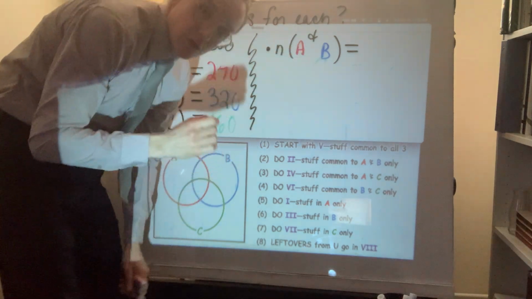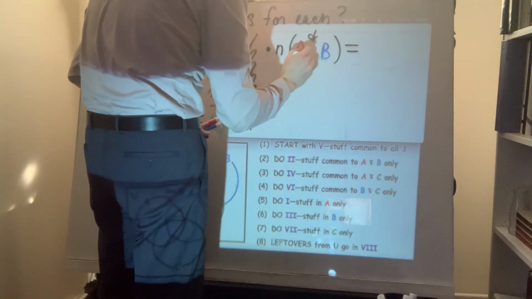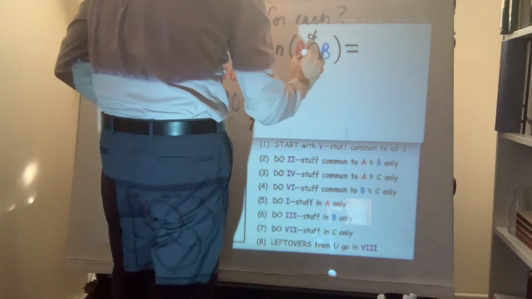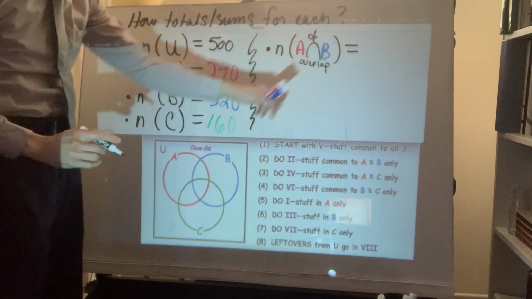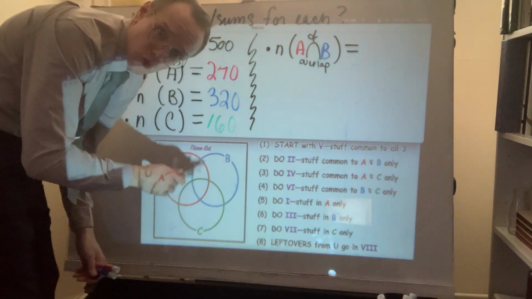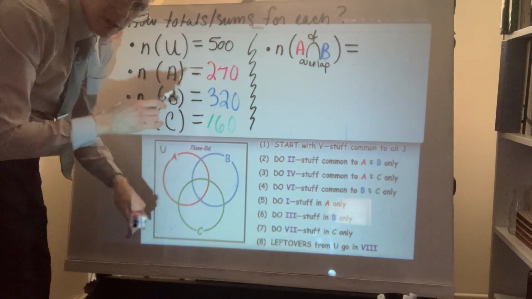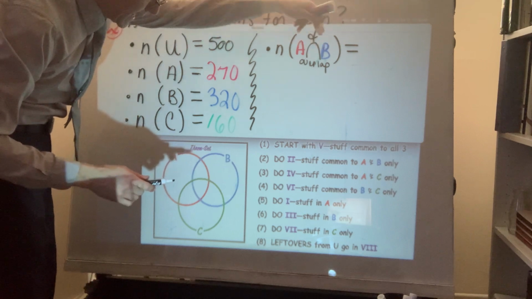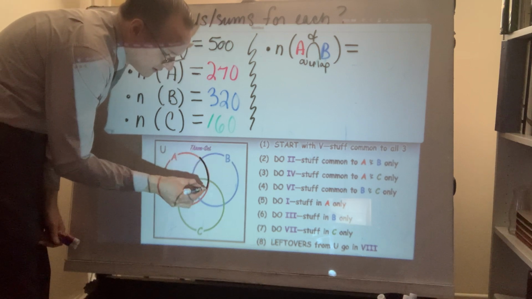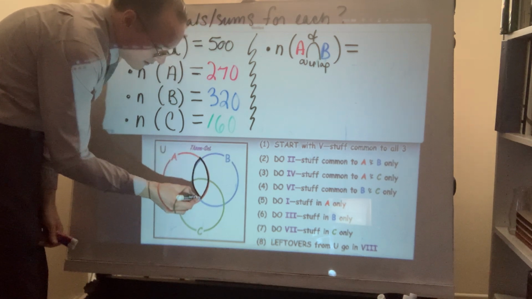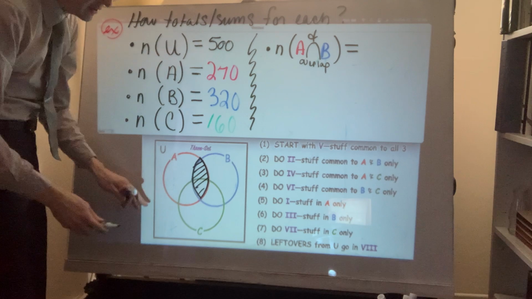A and B, if they intentionally choose that word and, is implying the intersection symbol, which is talking about the overlap of A and B. What portion of this diagram is being referred to when you have A intersect B, just the overlap of those two things, would be the bunch of people who fit into this biscuit. It sort of looks like a Jesus fish, without the tail, or a biscuit shape. That would technically be A and B.